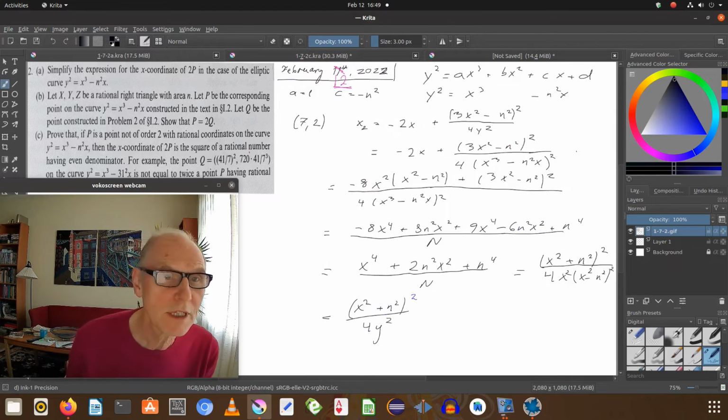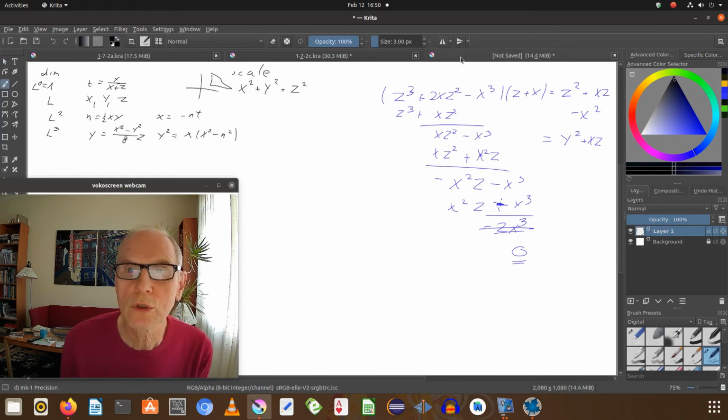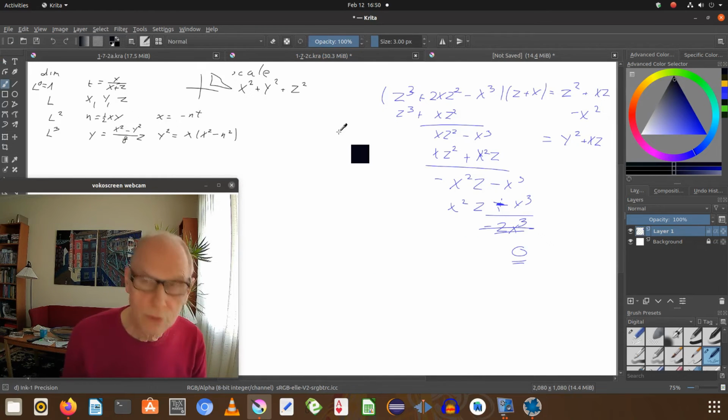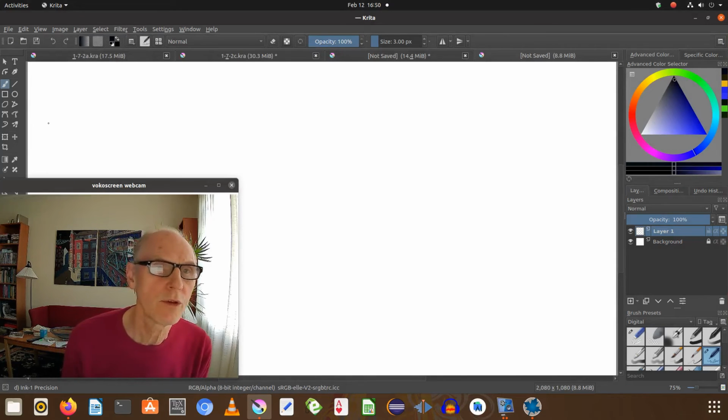Problem C. If P is not a point of order 2, the unit is the unique point at infinity.